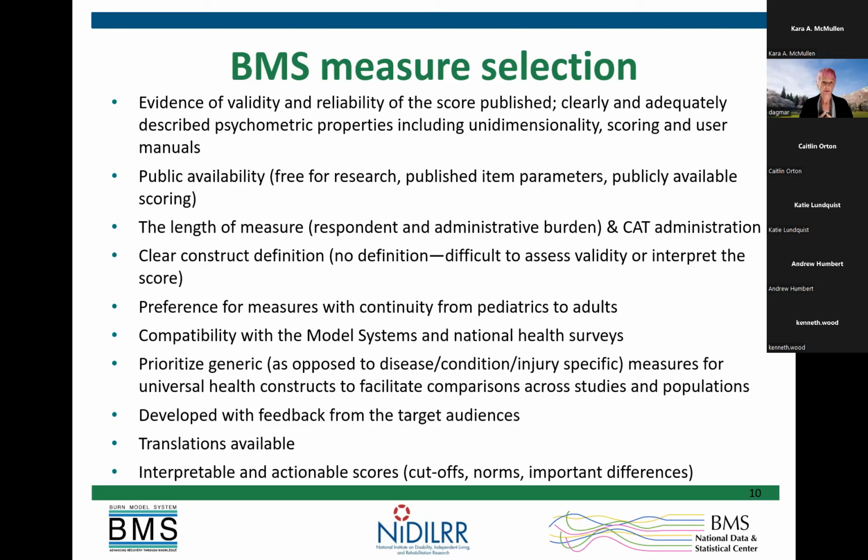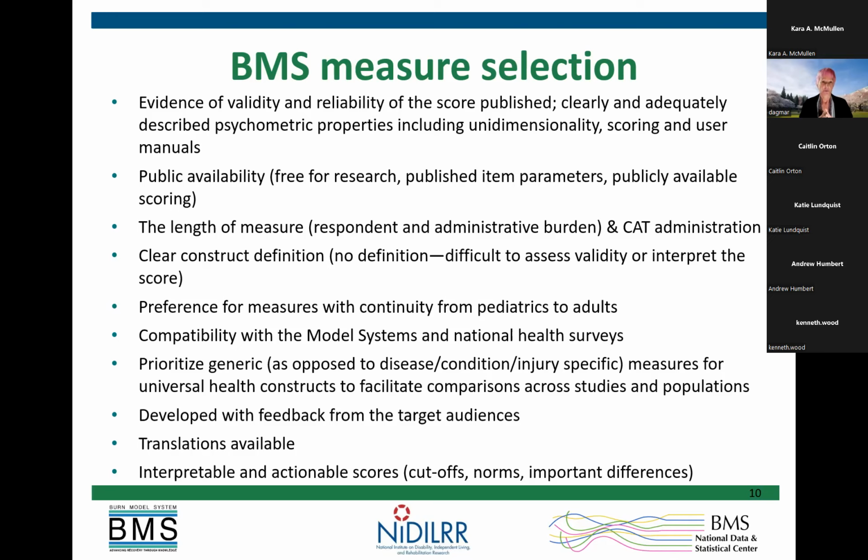We look for measures that are publicly available. That means free and available to anybody, not just free to us, but free to anybody, because that facilitates research and use. And therefore, we have better ways then of comparing our results with the results in different populations and different studies.